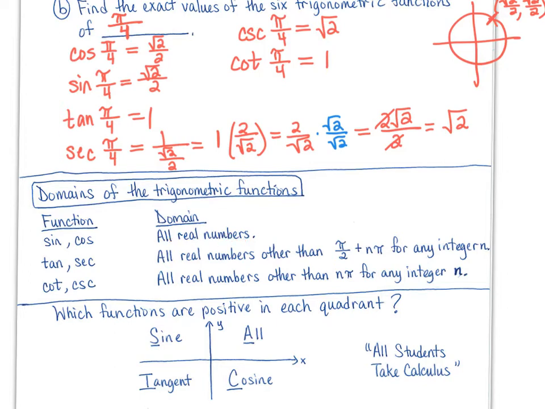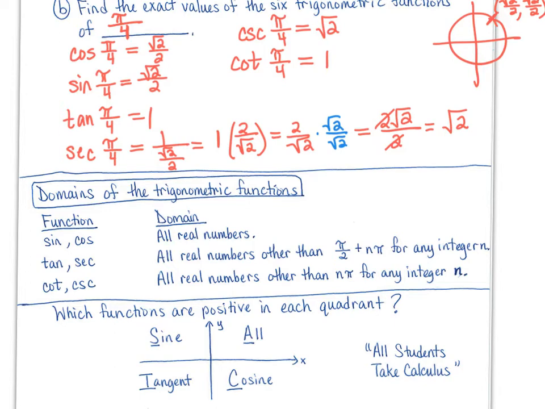For tangent and secant, it's all real numbers other than pi halves plus n pi for any integer n. So you have pi halves and you're adding multiples of pi to that. For cotangent and cosecant, you have all real numbers other than n pi, for any integer n. So those are your domains.